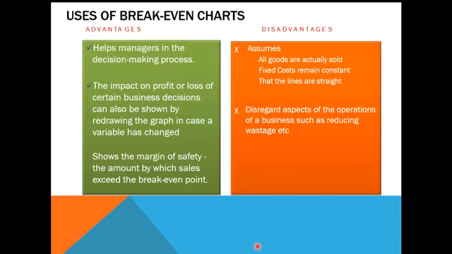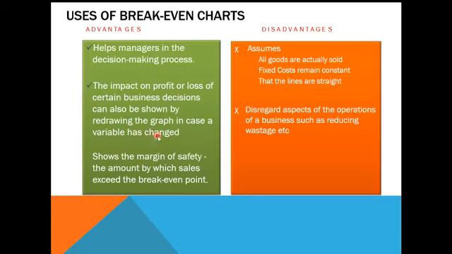The next thing we need to ask ourselves is this: what are the uses of break-even charts? It helps the manager in the decision-making process. Another advantage is that the impact on profit or loss of certain business decisions can also be shown by redrawing the graph in a case where a variable has changed. What does it mean?